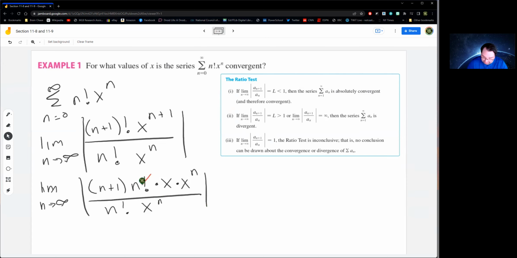So now we can cross off stuff that's the same on the top and the bottom. And this is the limit as n goes to infinity. I keep forgetting the absolute value. Of n plus 1 times the absolute value of x. And that goes to infinity, because infinity plus 1 is most definitely infinity.